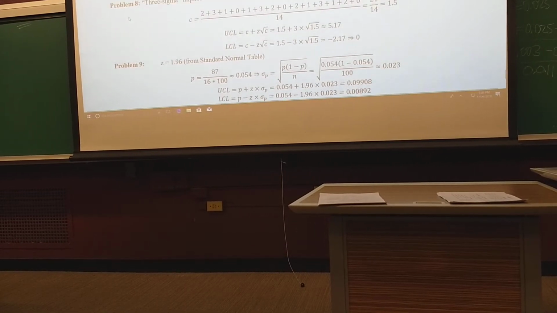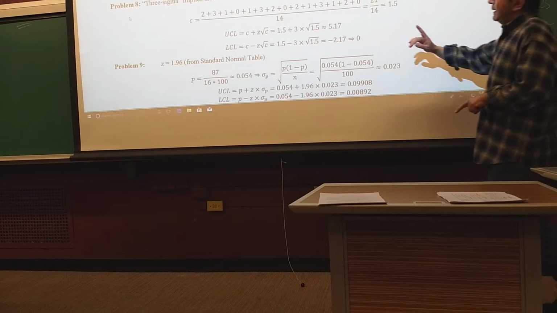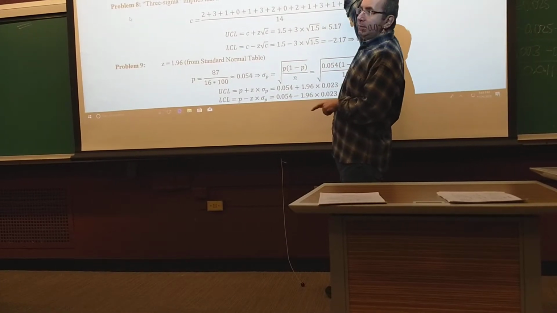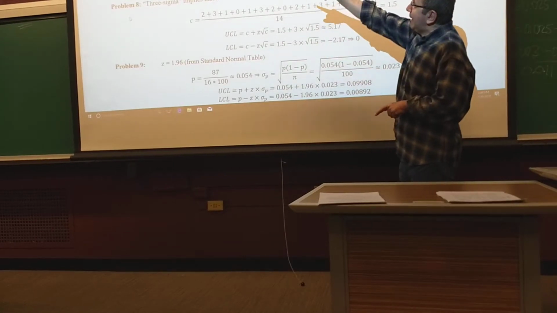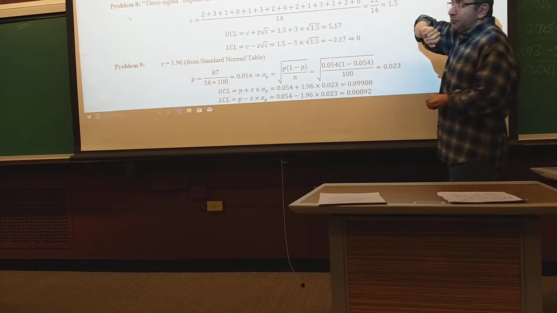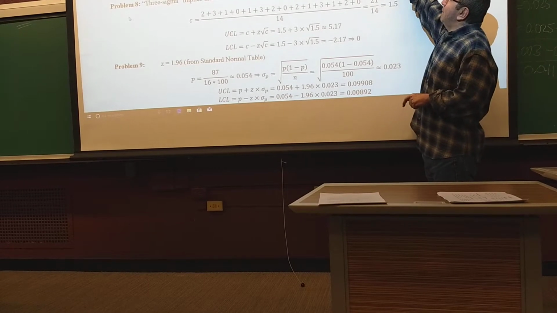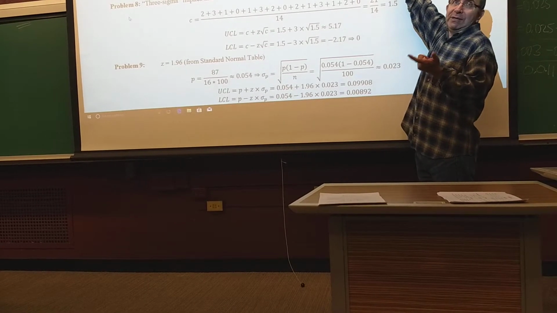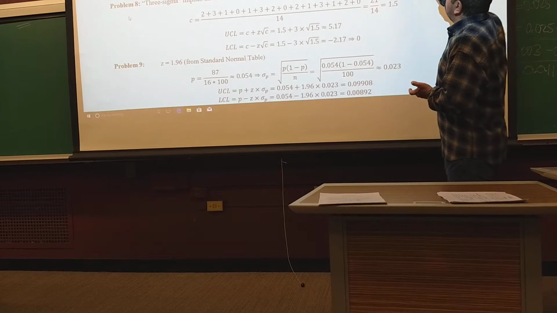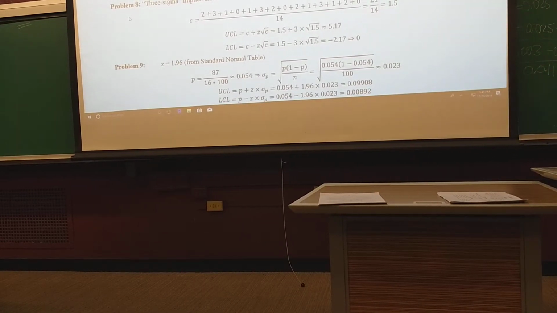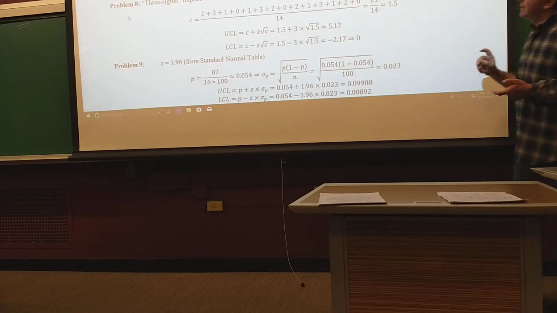This is problem 7. I add up all the defects, it's 110, and then I divide by 14 because I have 14 items. It's roughly 7.86, so the C ratio is 7.86.